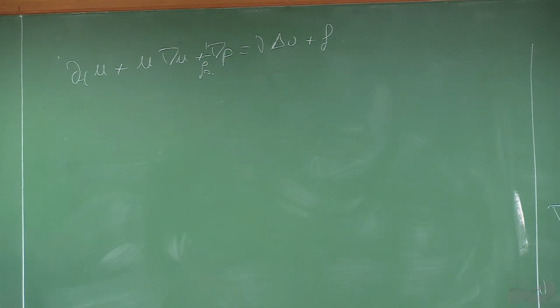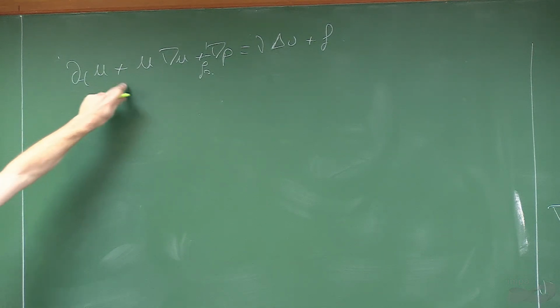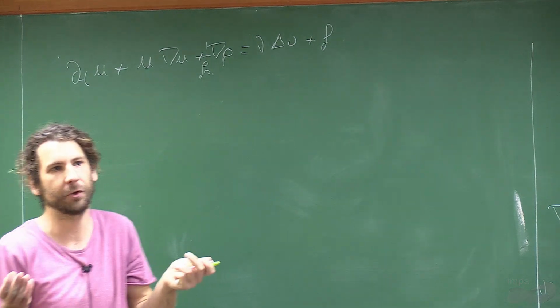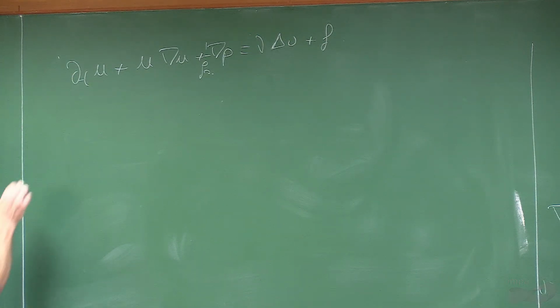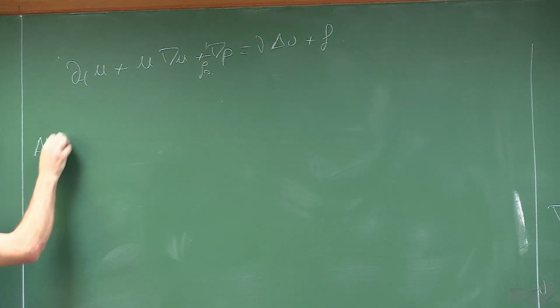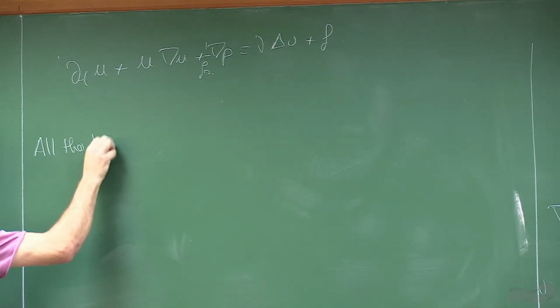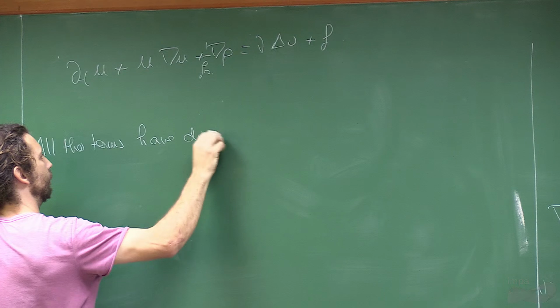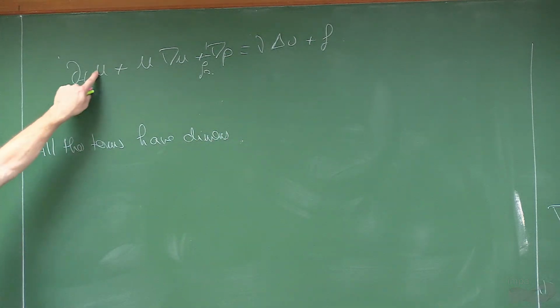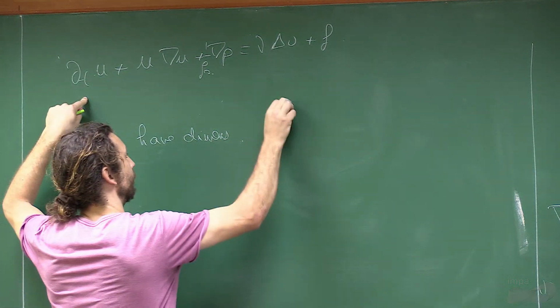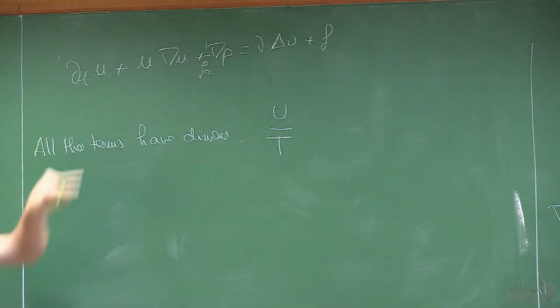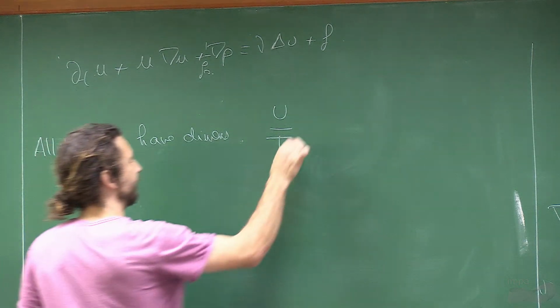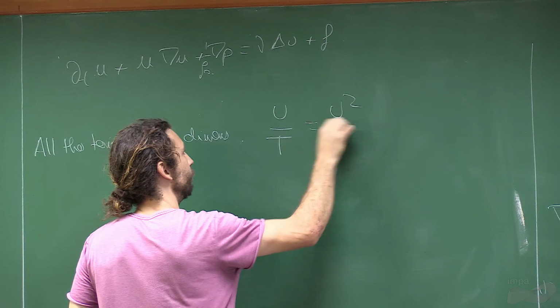Especially, we can remark that from a dimensional viewpoint, all the terms here have dimension, essentially, u over time, which is the same as to say that it has dimension u squared over L.